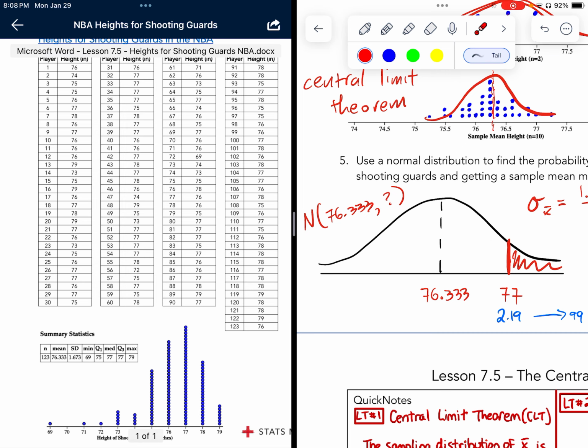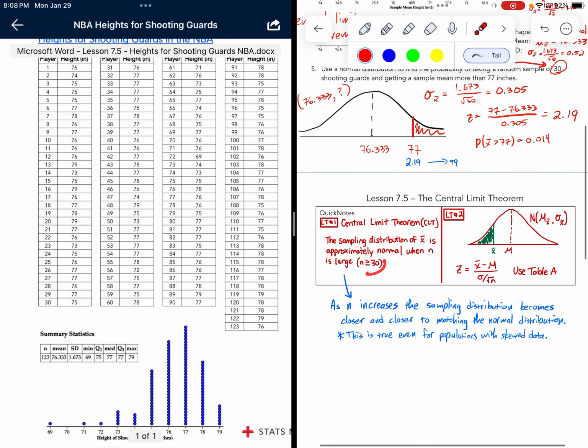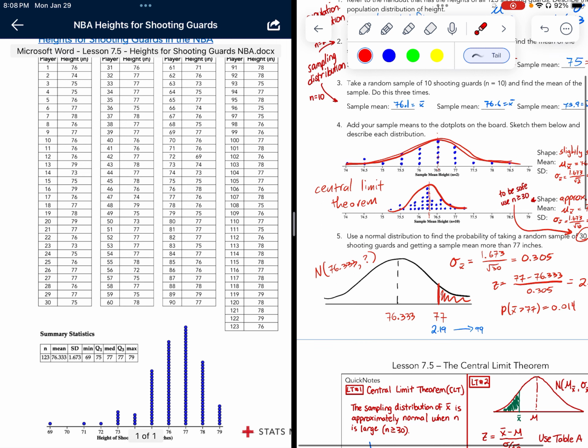What the central limit theorem says is that as n gets big enough, the skew you see on the document there will essentially be ironed out, or go away, because as my sample size gets larger, my dots are going to be really close to the true average. Some are going to be too high, some too low, but the effect of the original skew in the data will be lessened.